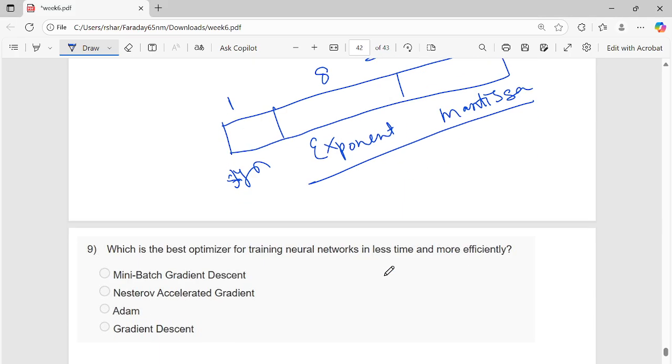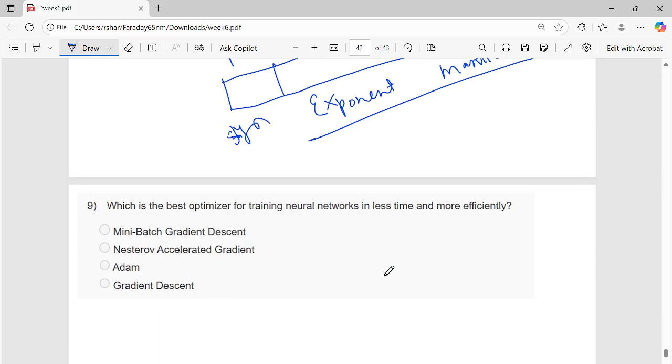So next question. Which is the best optimizer for training neural networks in less time and more efficiently?